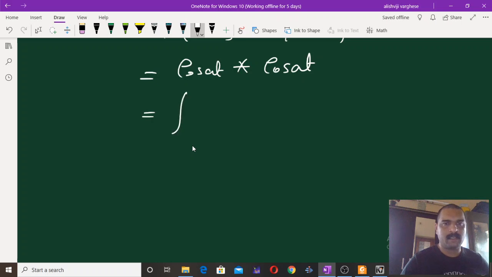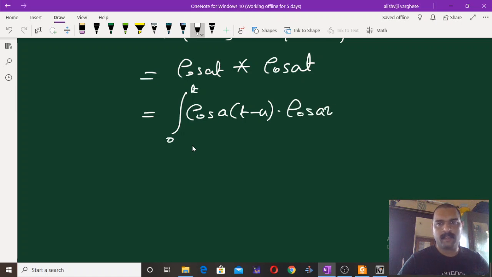And so then we use the definition of convolution. It is integral 0 to t cos of a into t minus u into cos of a into u du. u is the variable of integration here, and this is equal to integral 0 to t.